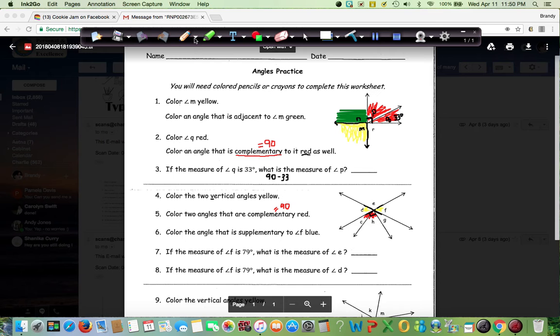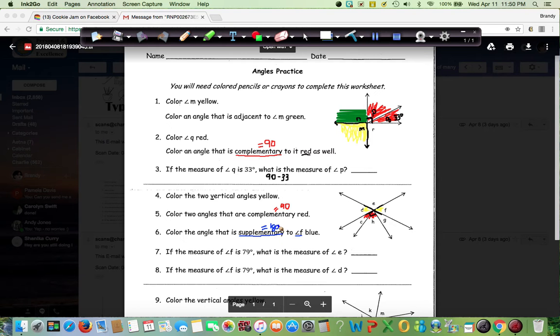I'm going to go up here and pick blue because it says the next one's blue. And it says color the angle that is supplementary to F, blue. So we're not coloring angle F blue. That's already yellow, right? But we want something that's supplementary. That means it creates a straight line. Remember, S for supplementary is a straight line, which is 180 degrees.